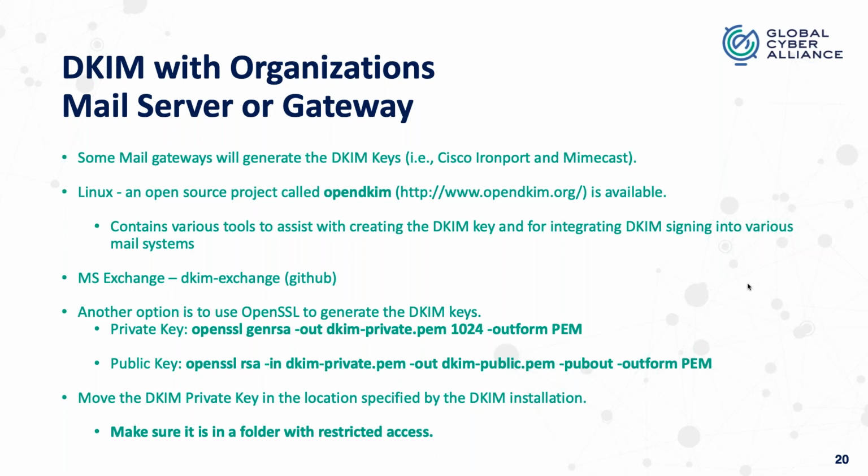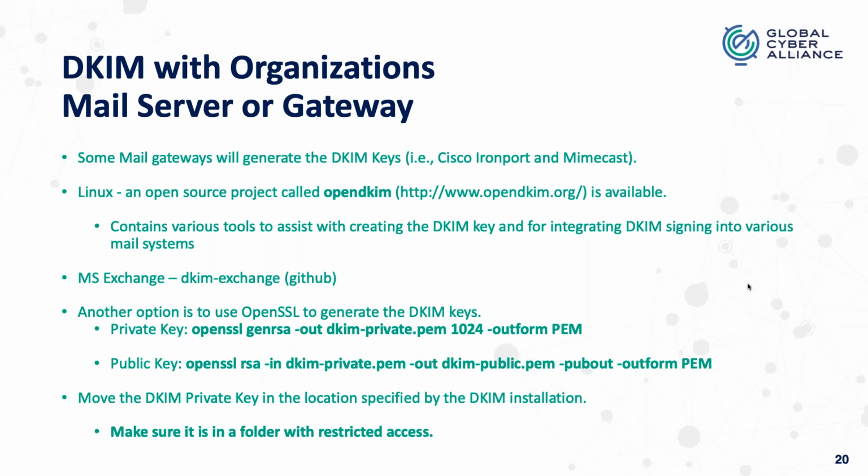DKIM Exchange is the one that I put out there because it's the one that I've seen most widely used. It's open source, it's free to download, and it's available on GitHub. That will do both DKIM key generation and DKIM signing. But you do need to install it on each Exchange server. Okay? So if you have multiple Exchange servers, you need to install it on each Exchange server.